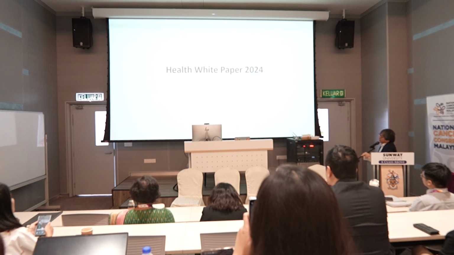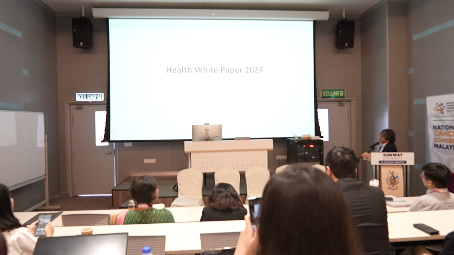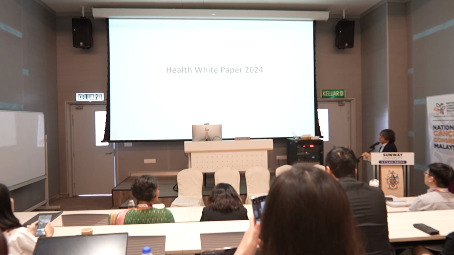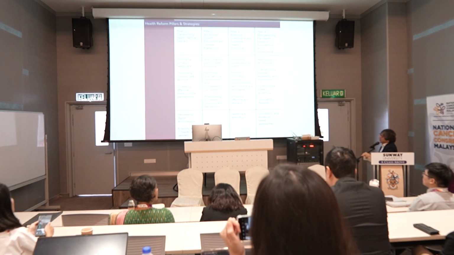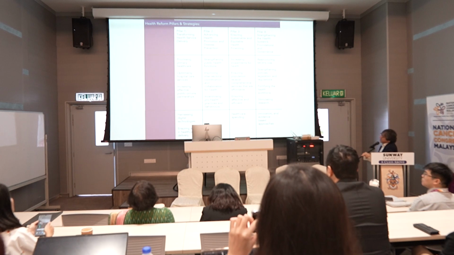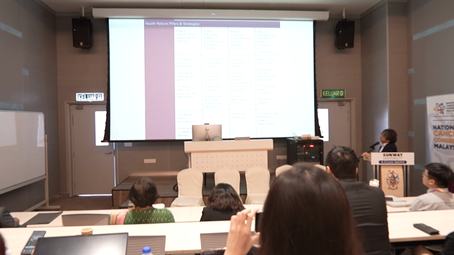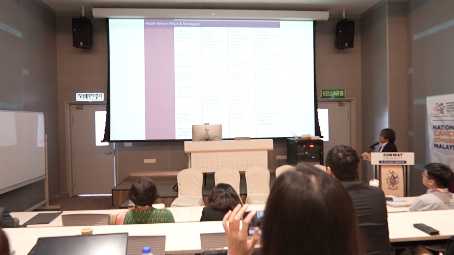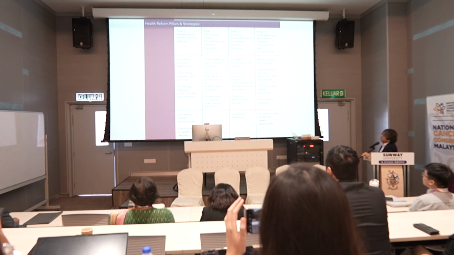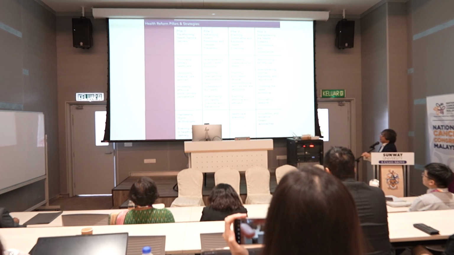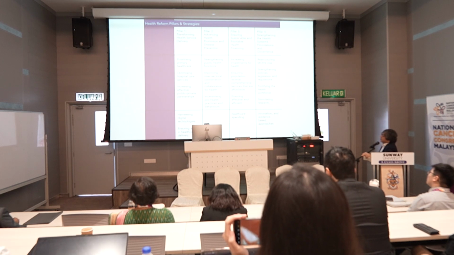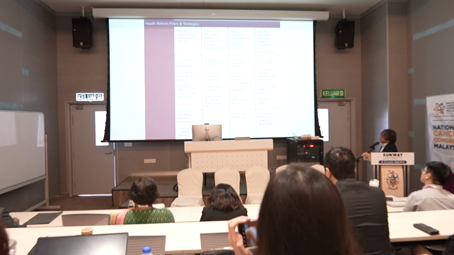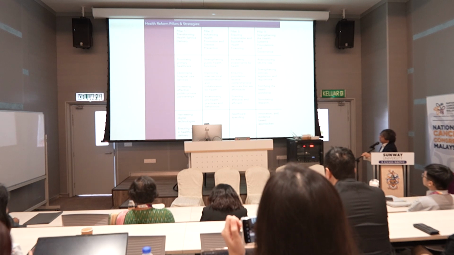So before I close, I would like to draw your reference to the health white paper that came out earlier this year. What I've said just now over the past 15 or 20 minutes or so is pretty much in line with pillar 3 of the healthcare white paper, which says the government will increase investment for health.